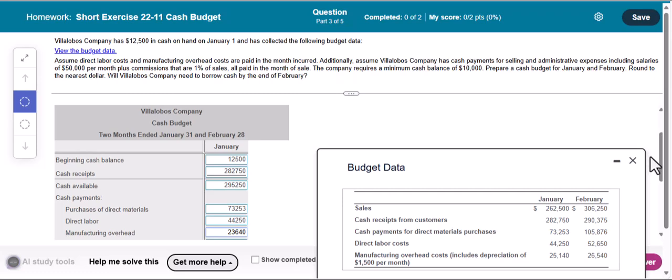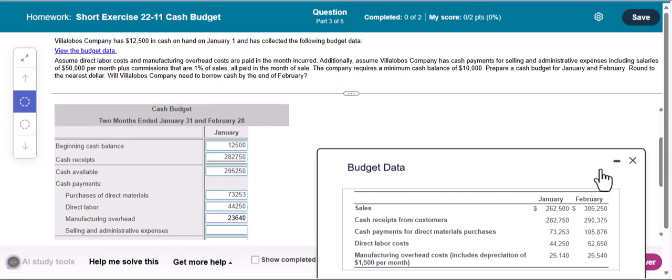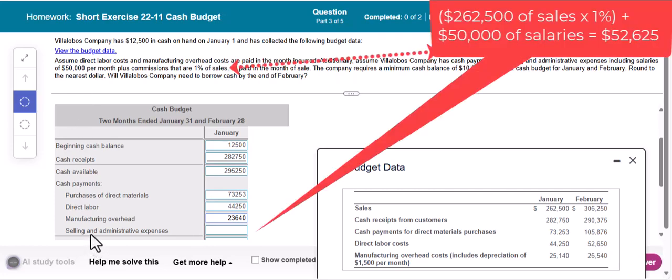So then next up we have selling and administrative expenses. So there are two pieces for the selling and administrative expenses. So up here it tells us that includes salaries of $50,000 per month plus commission of 1% of sales. So we have some calculations we need to do here. So first we're going to take 1% of the sales number for January, this 262,500.